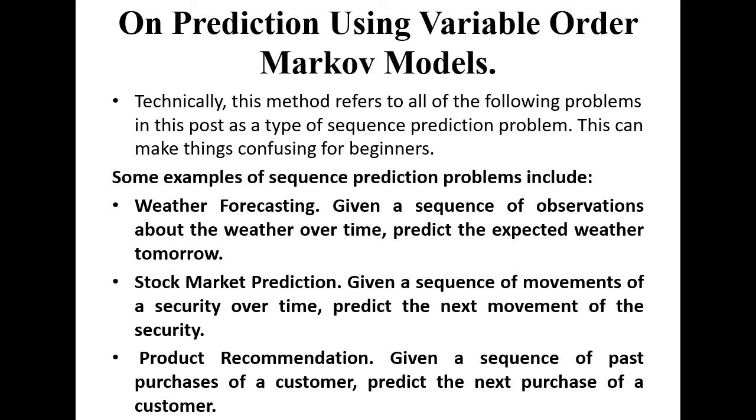Similarly, in stock market prediction, given a sequence of movements of a security over time, predict the next movement of the security. In product recommendation, given a sequence of past purchases of a customer, predict the next purchase of the customer, which may be used for customer relationship management.